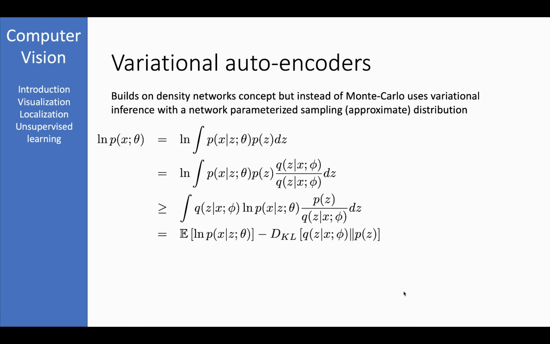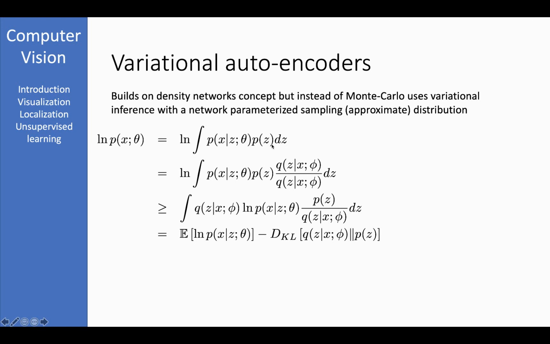It really builds on this density network concept, and instead of Monte Carlo integration, it uses variational inference, which can be seen simply as an application of Jensen's inequality on importance sampling. Now, the idea is actually quite simple. Remember, I wanted to evaluate the probability of X, or the log likelihood as shown in this case, and that's the log of this integral.